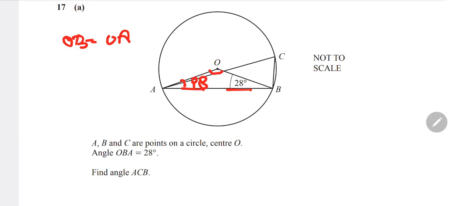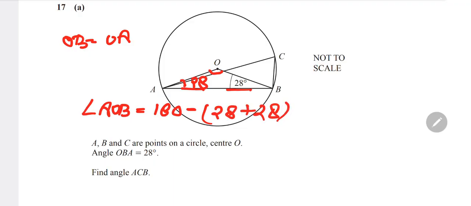For this you just use 180 and subtract 28 twice. Why? Because the sum of all angles in a triangle is 180 degrees. Now this is 56, so 180 minus 56, the result is 124. It means angle AOB is 124.